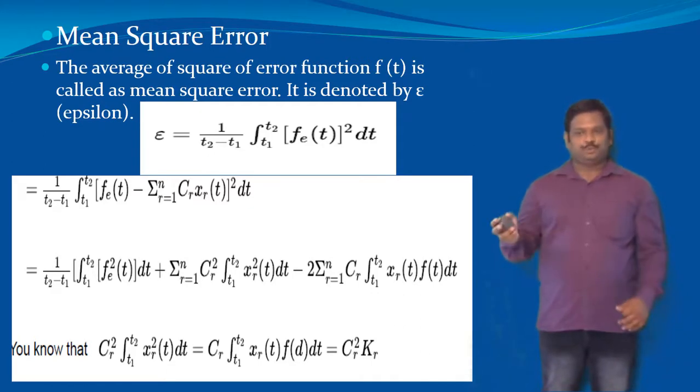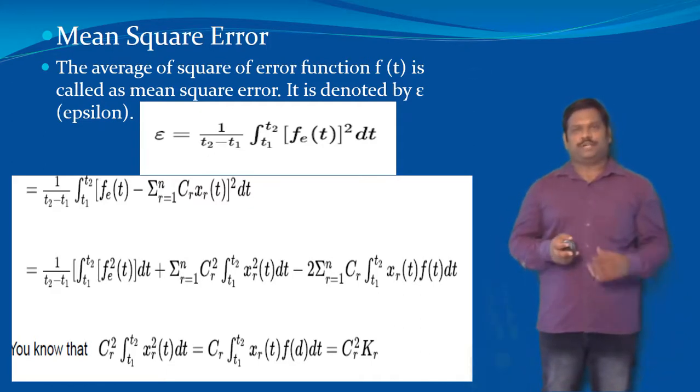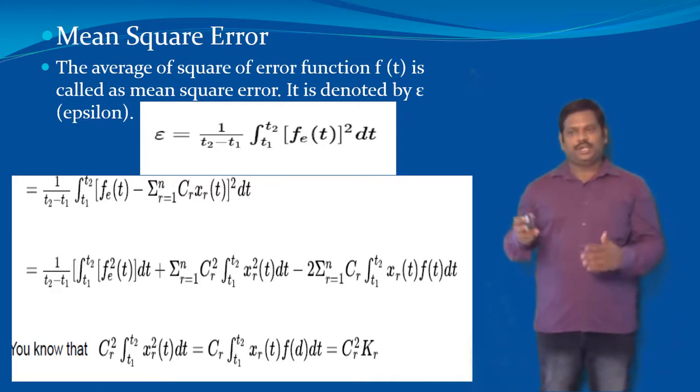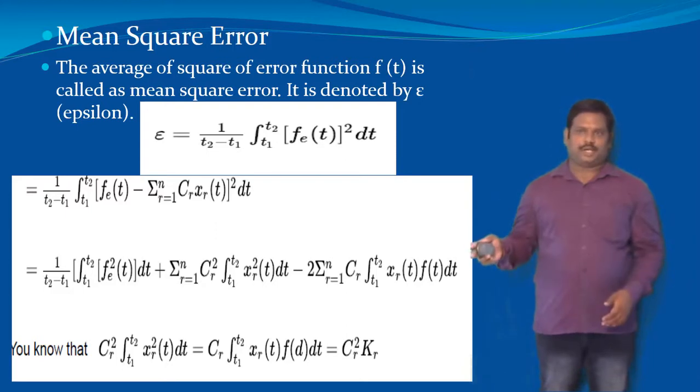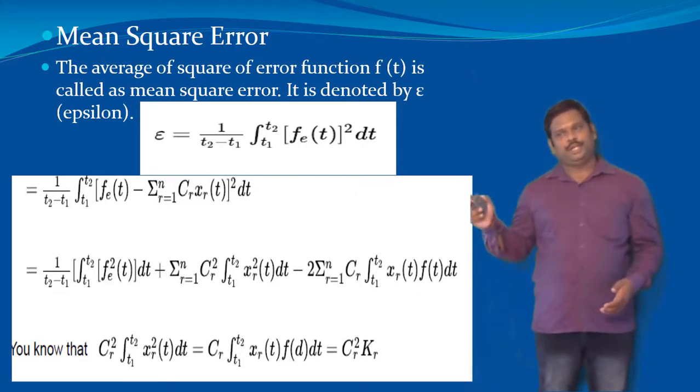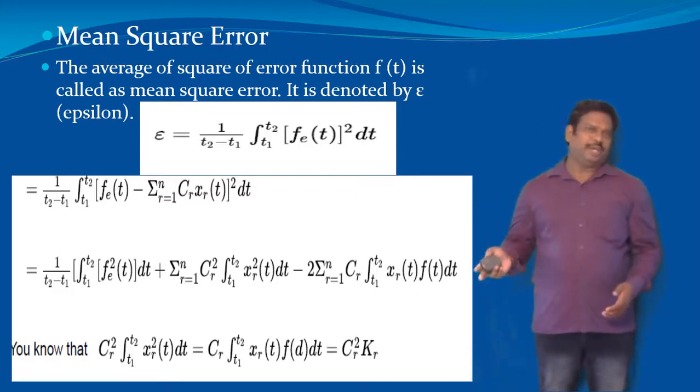As we know from the standard formulas, cr square into the integral of t1 to t2 xr square of t dt will be equal to cr square into kr, and cr into the integral of t1 to t2 xr of t f of t dt will be equal to cr square into kr.